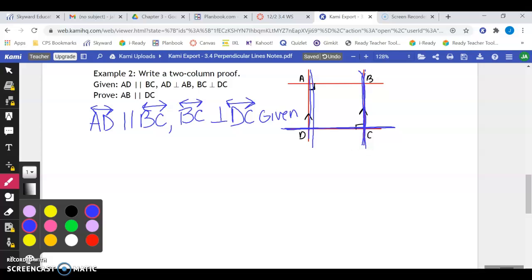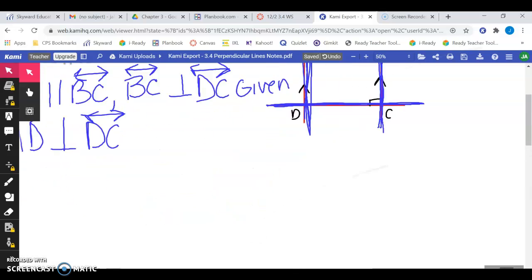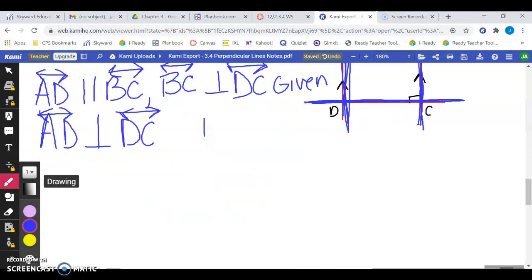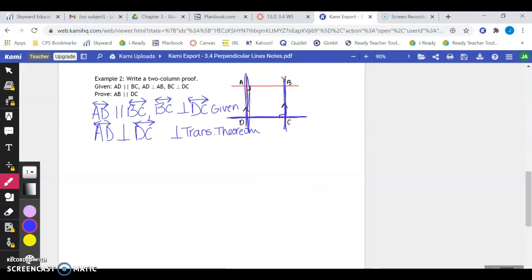So if this one's perpendicular to this one, then this one has to be also perpendicular to this one. So AD is perpendicular to DC. And if we look back up, that is because of the perpendicular transversal theorem. So we're going to shorten that: perpendicular transversal theorem. Two lines are parallel, then they are going to be perpendicular to the line.